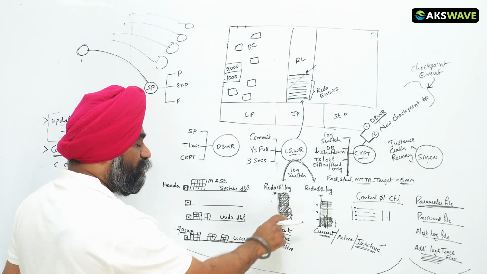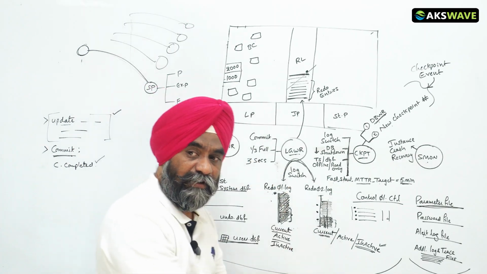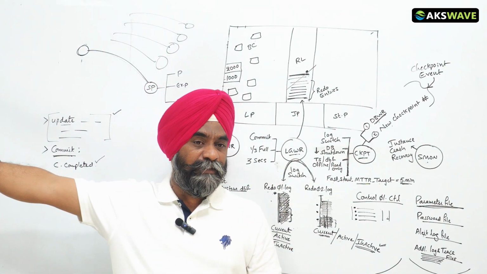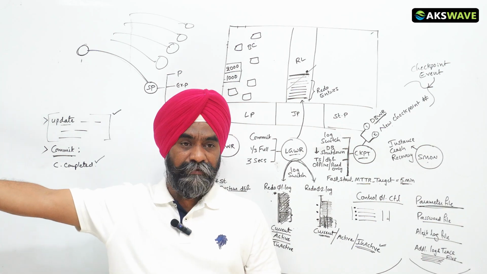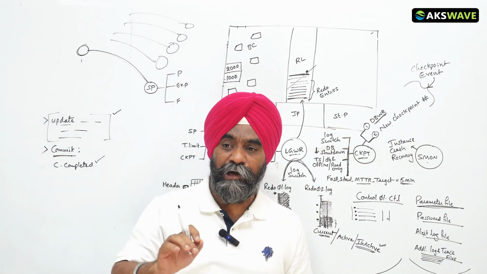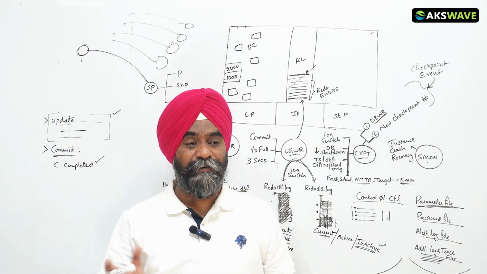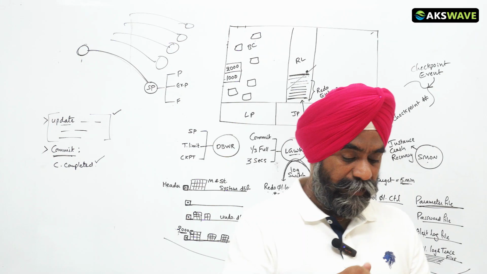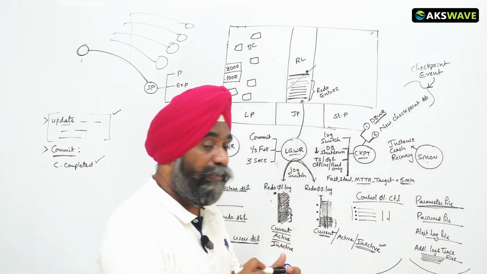Now by doing this, what happens if the instance crashed? Maximum checkpoint time, how far could it be from the crash time? 5 minutes. So my recovery can be done in how much maximum time? Maximum 5 minutes. So your recovery is in your control or not? So this way you can control your recovery, guys.